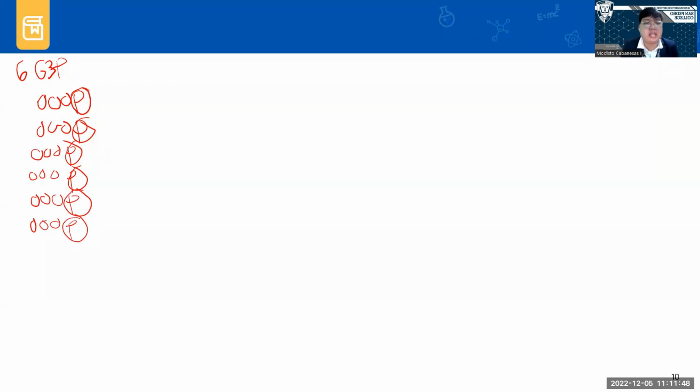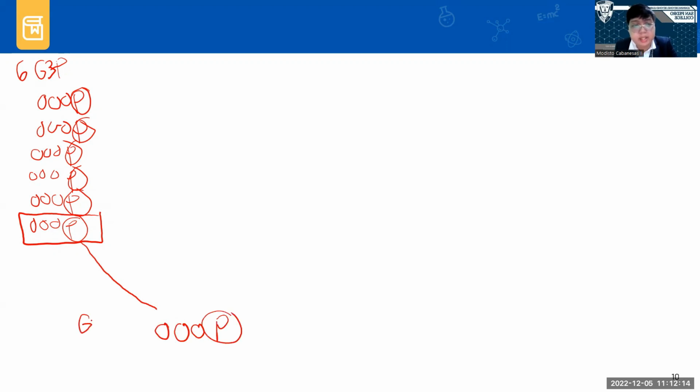Yan, sa G3P. Okay? So, sa 6 na G3P na yan, one G3P will be used to produce yung ating glucose molecule. So, it will just stay here, yung isang G3P, and it will wait for another Calvin cycle para makaproduce ng isang glucose.